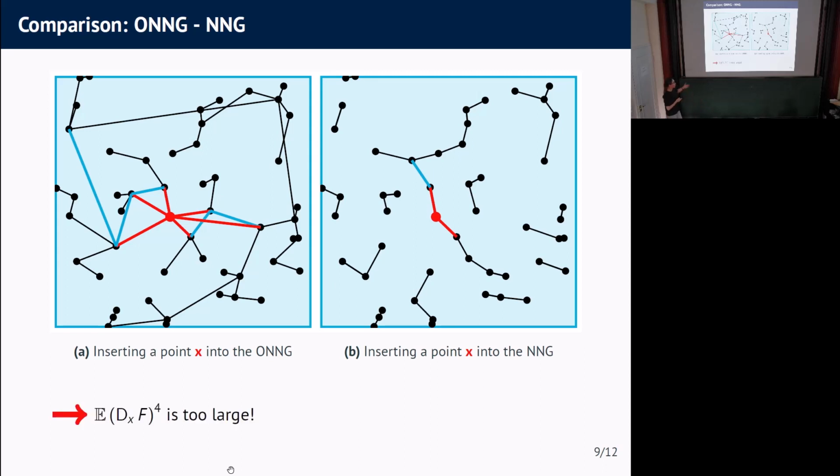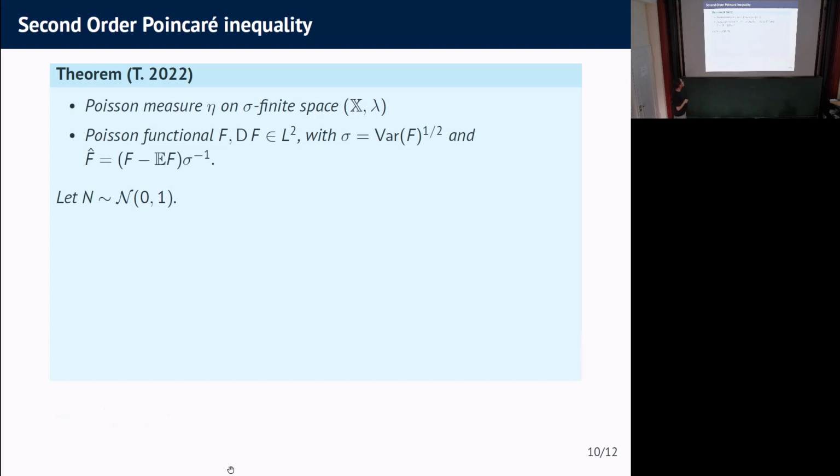And so a fourth moment is too large for what we want to do here, because if you have a power 4, it gives too much power to long edges. And so essentially the long edges take over and your bound blows up. Because you need to keep this small if the edges are long. And so this is one of the results from my thesis, which has the same setup as the one we had before.